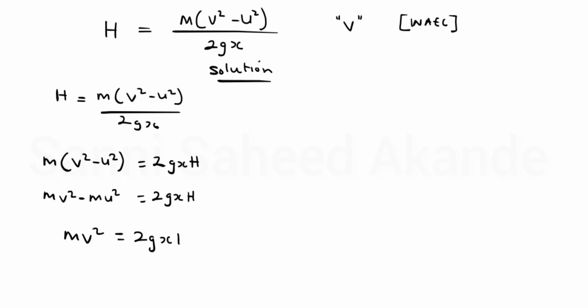All right, so we have mv squared then equal to 2gx-ish. Then this mu squared, if you bring it to this other side, it changes to plus mu squared. Now at this point, let's divide both sides by m.